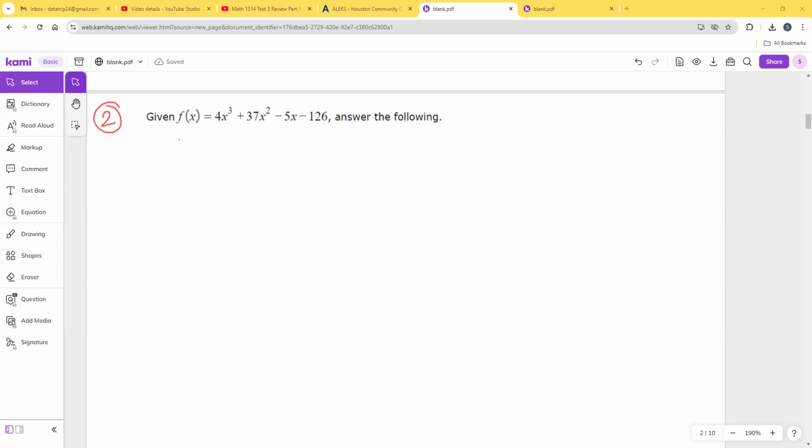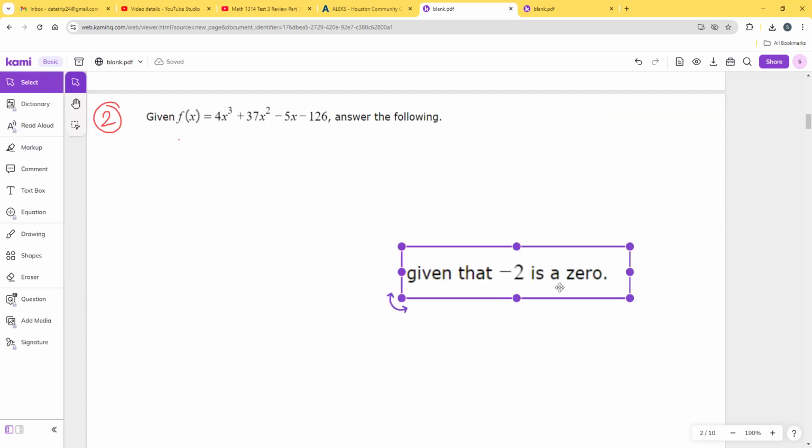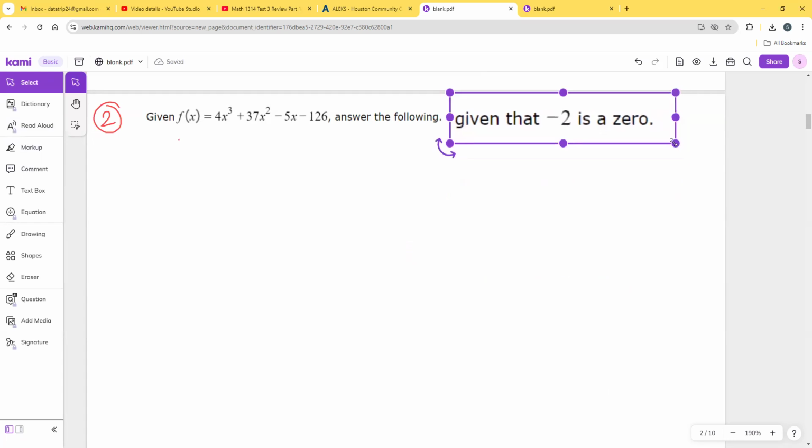So -2 is a 0. And we're going to find the sum of the other solutions. So first, we're going to find the other zeros, and then we're going to find the sum of these zeros.